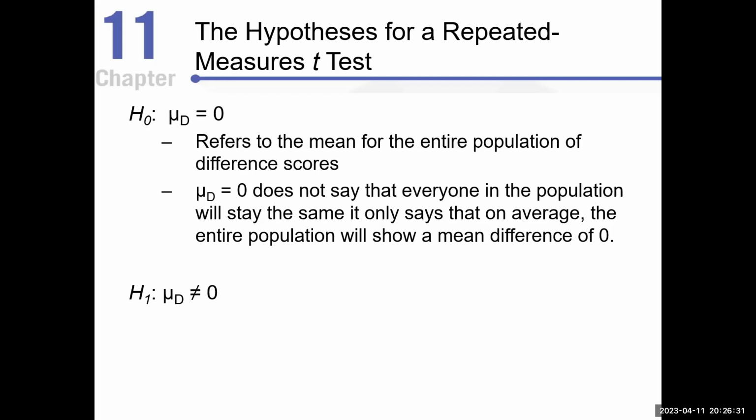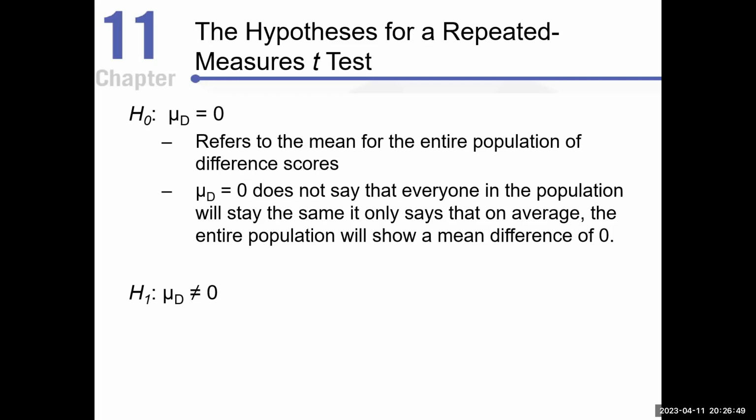If we averaged all of the difference scores for the entire population, we would get a mean difference of 0. The alternative hypothesis says that the mean difference is not equal to 0, meaning there is a difference between one treatment condition and the next.